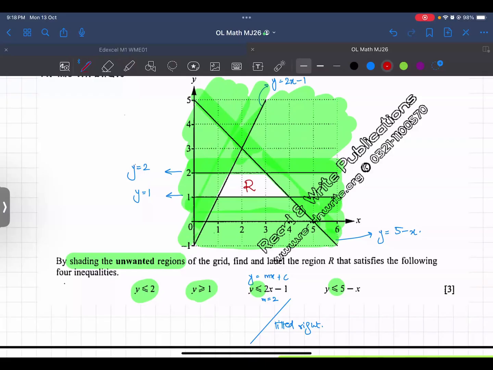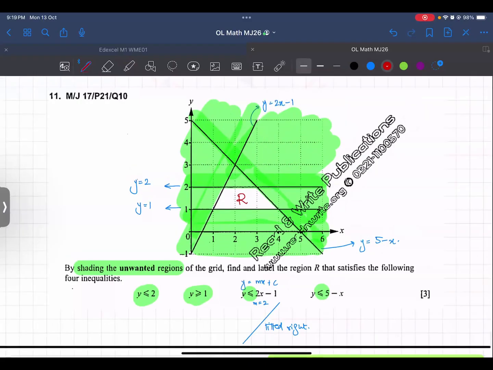3 marks. So you shaded the part which was not needed, and then you got this answer. Any questions, anyone? So first you identified which equation is for which line, and then you identified the regions to shade according to the inequality.